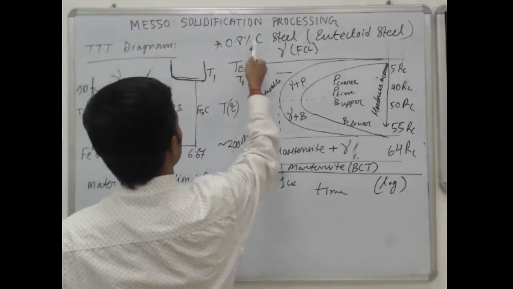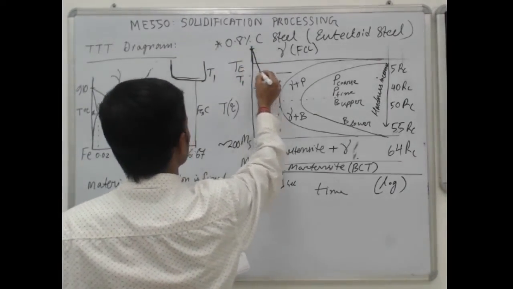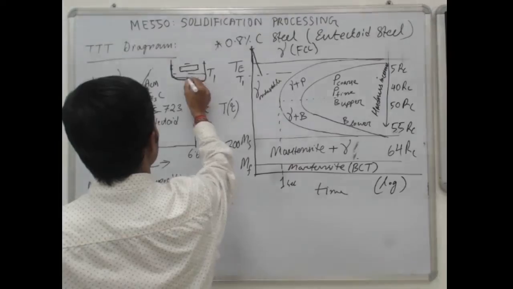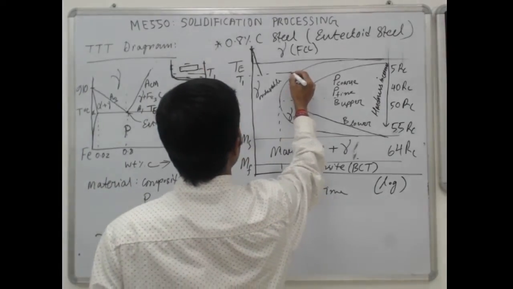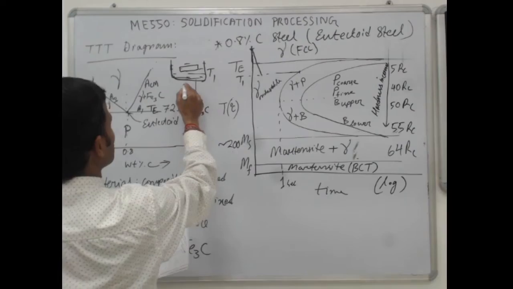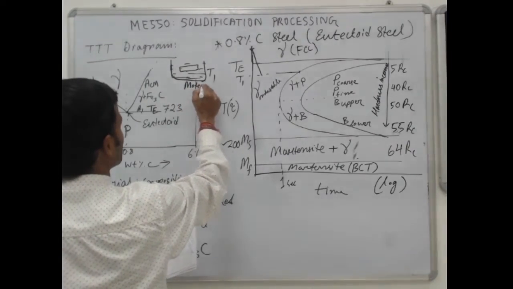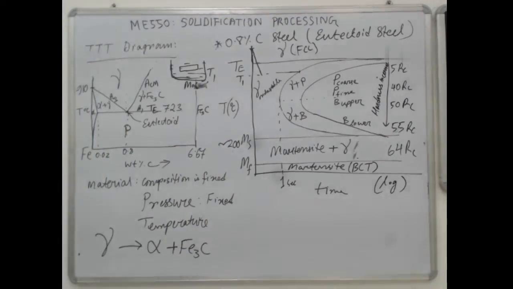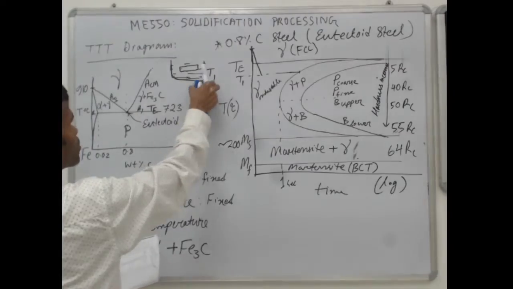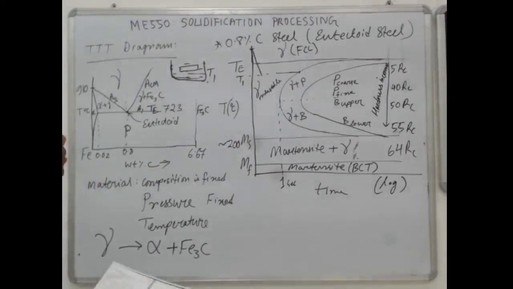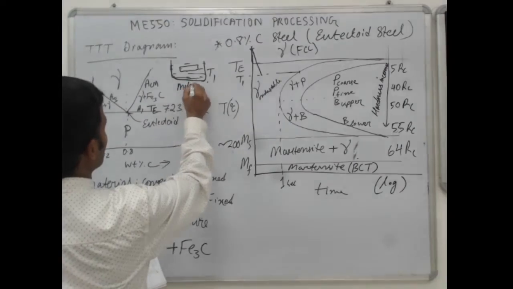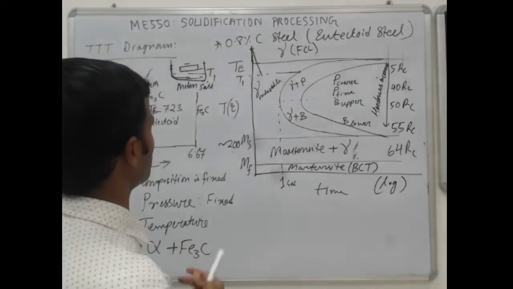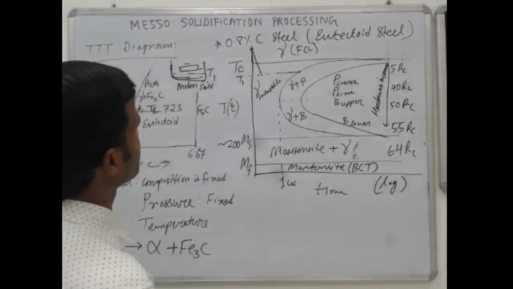So you take out your material from the furnace and put it in this bath where the temperature is maintained at T1, and hold it. Generally molten salt is used, or people used to use this kind of approach earlier.